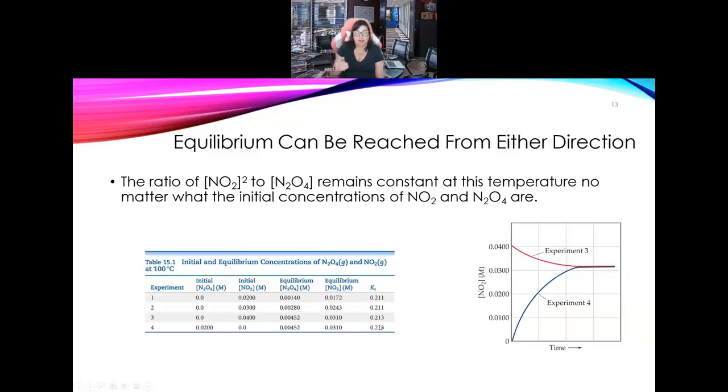So I always have a fixed amount of product compared to reactant once that equilibrium has established itself over the period of time that it does so, okay? So it doesn't matter where I start. I always end up with equilibrium in the same place, all right? And the only thing that can change the ratio of product to reactant in that particular equation is changing the temperature.